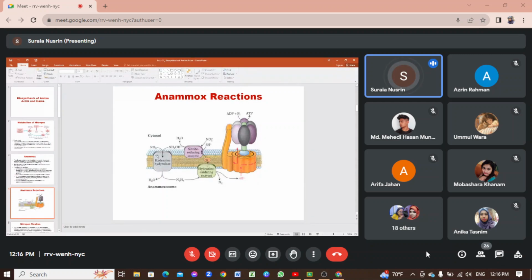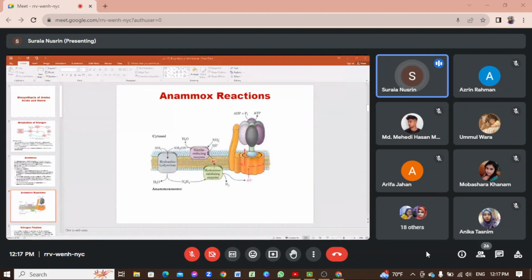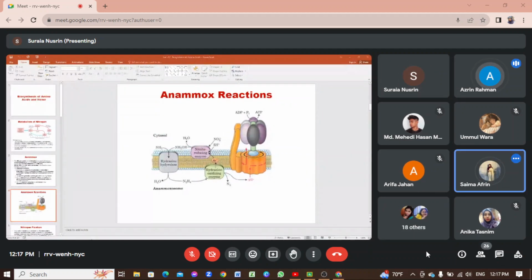Okay, so that is the pathway, a very short pathway, but it is also causing the release of the nitrogen, and eventually it is the energy which is generated that is utilized to synthesize ATP. Is it clear? Yes, ma'am.